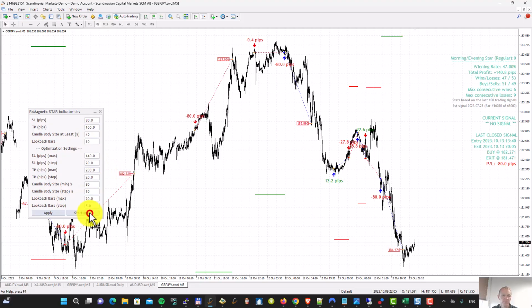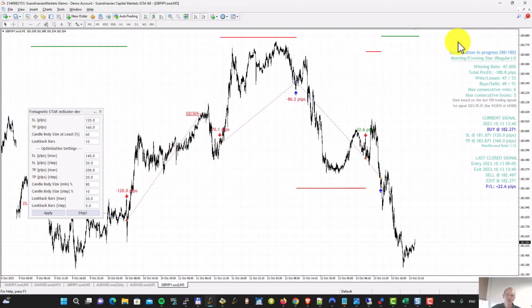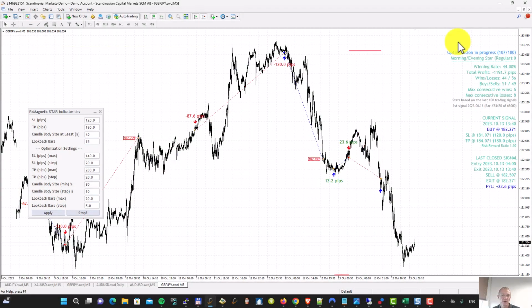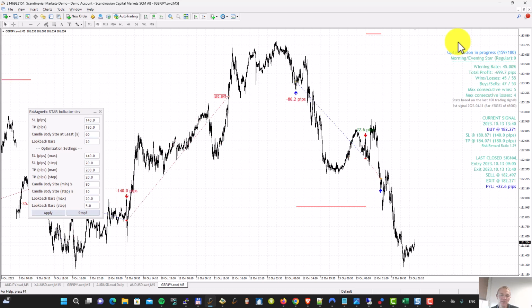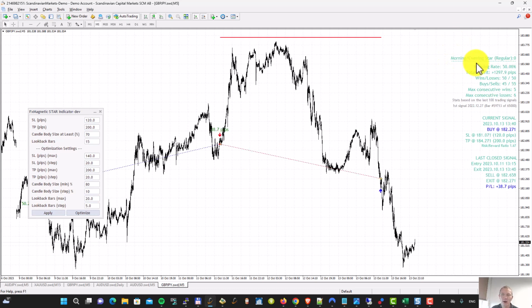Let's do it. While the optimization is running, let me quickly explain what's happening. The indicator is trying all these different variations. We have 180 variations to try based on our settings, and it will plot them on the chart and get the stats for every one of these variations. At the end, it will pick the one that has the biggest total profit and automatically apply those settings on the chart.